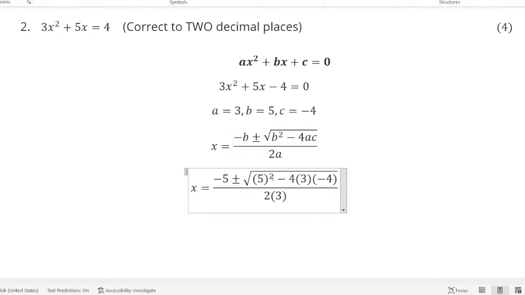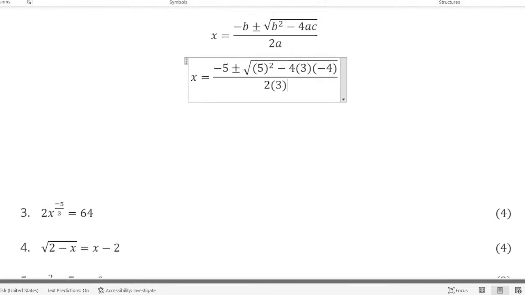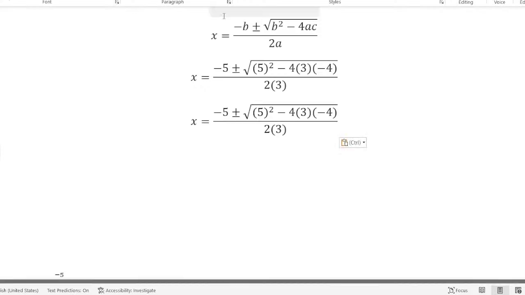So then you have to use your calculator to get two possible values of x. Right, use a calculator to get two possible values of x. So here, let me just split it for you. Okay, here we'll have x minus 5.